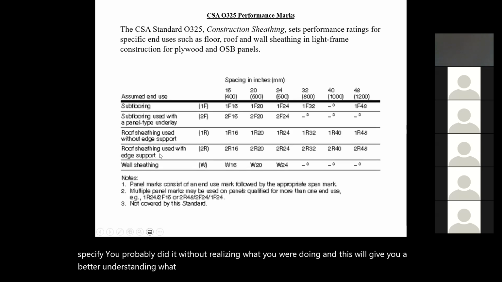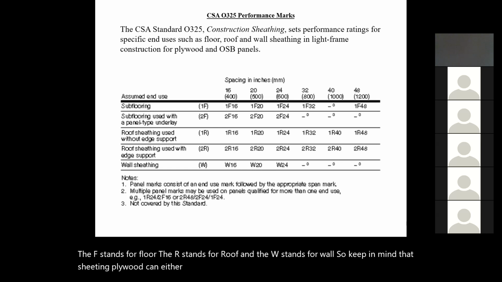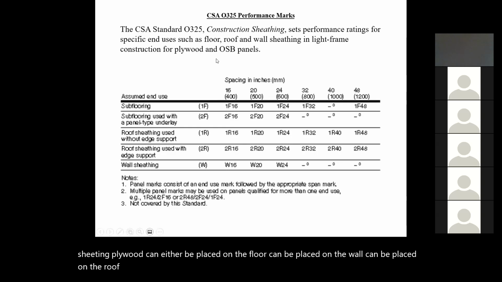So basically, the F stands for floor, the R stands for roof, and the W stands for wall. So keep in mind that sheeting, plywood can either be placed on the floor, on the wall, or on the roof, okay? So that's what the letter stands for, depending where you're placing it. 1 and 2, okay? 1 means that the edge is not supported.